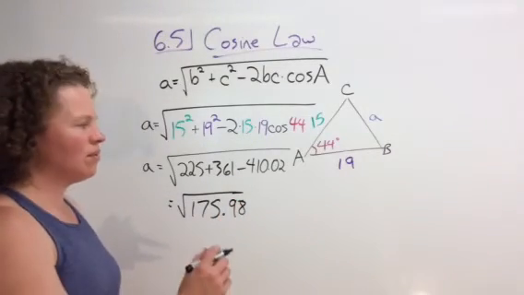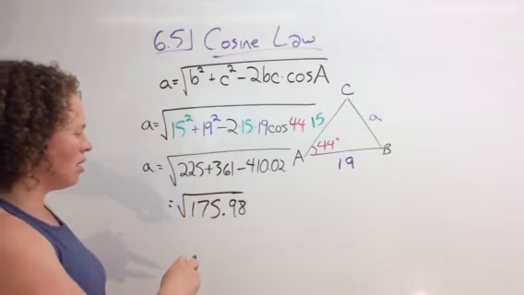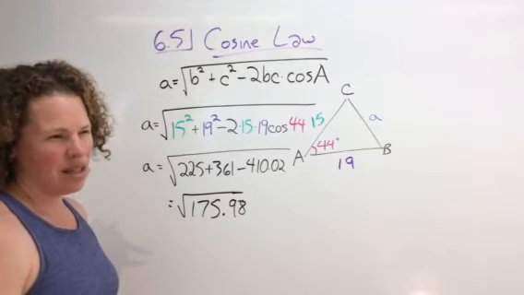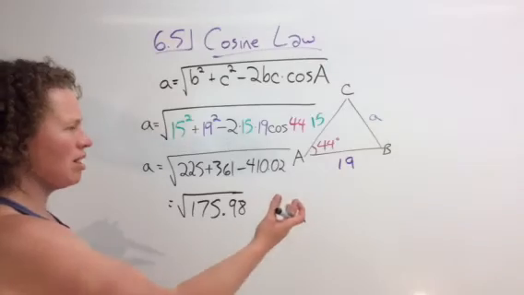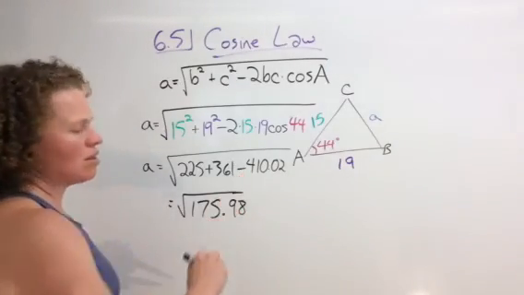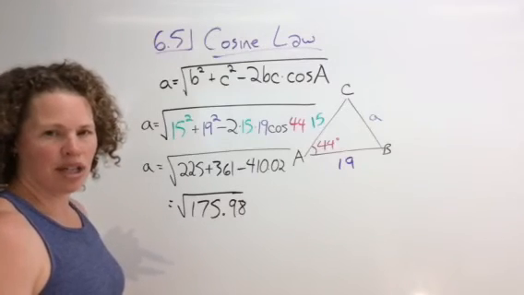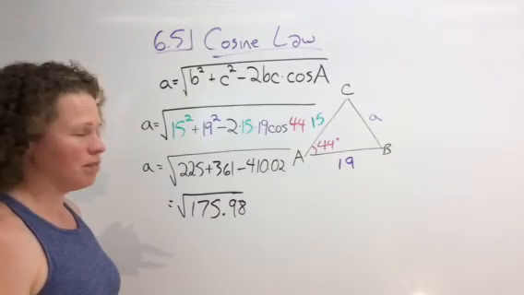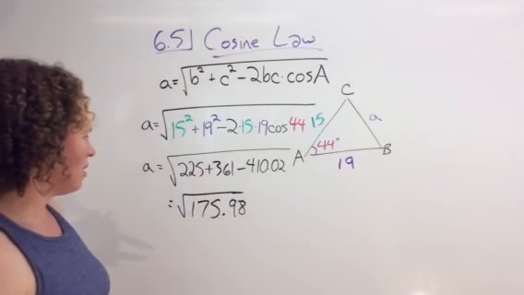Now, if somehow this was bigger than this, then you're going to end up with a negative number under here in an unsolvable triangle. It's unlikely that they're going to give you something like that because they're expecting you to solve the triangle. So you might want to look at this and ask yourself if you didn't miss something there. If your angle is bigger than 90 degrees, cosine's going to be negative, and that's going to muck up your equation, so make sure that you keep that figured in.